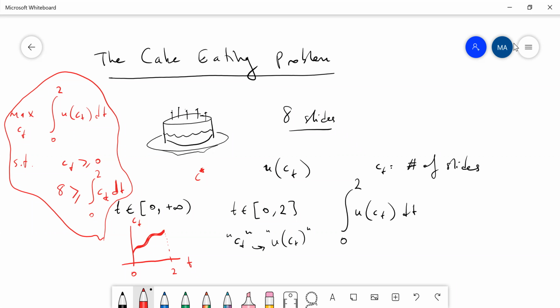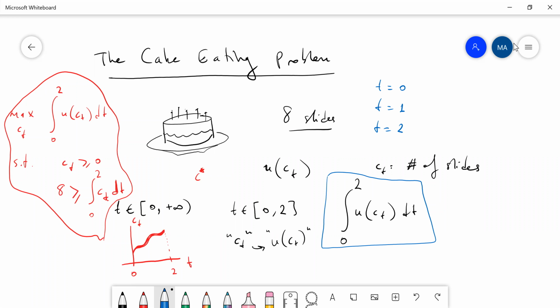One problem is that according to this formulation, the consumer does not really differentiate between different time episodes, different periods, right? According to this formulation, compare these 3 dates: t equals 0, t equals 1, t equals 2.